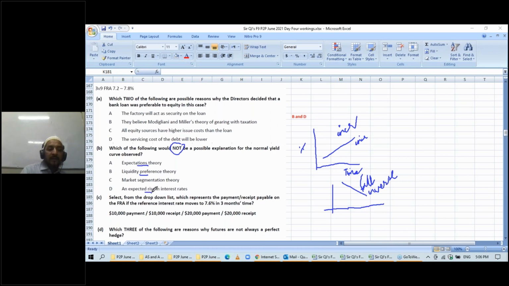Okay, and then an expected rise in interest rates is also observed in the normal yield curve, but market segmentation theory is not covered over here. This is not suitable. The short term and the longer term markets are involved in the market segmentation theory. It depends on whether there is a higher demand for short term or long term.